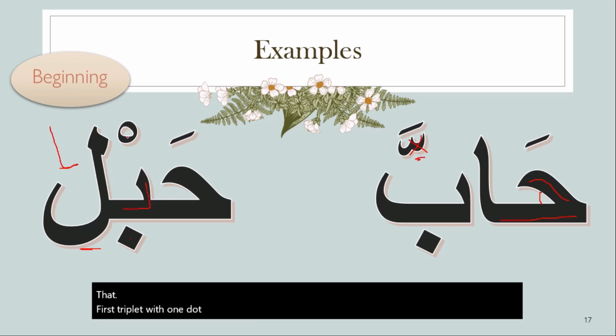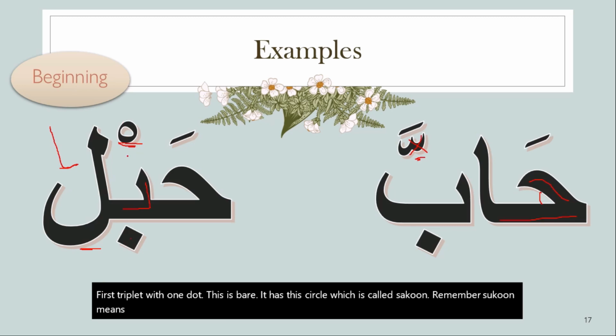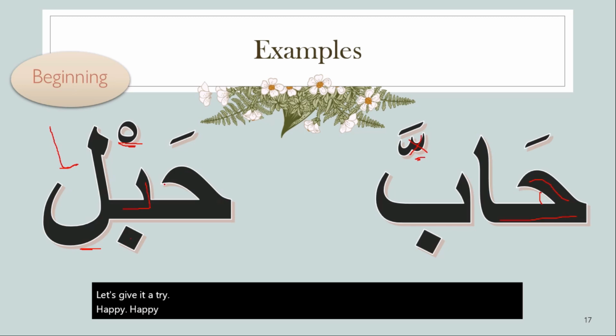This is ba. It has this circle, which is called sukun. Remember, sukun means no vowels while pronouncing these letters. So let's give it a try. Habl, habl, habl. No vowels after ba.